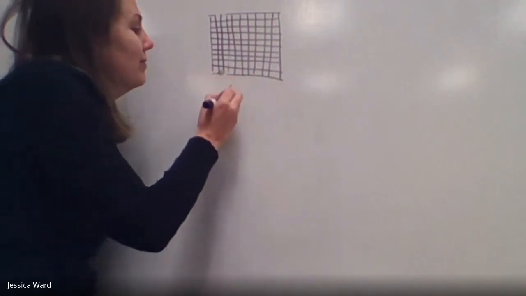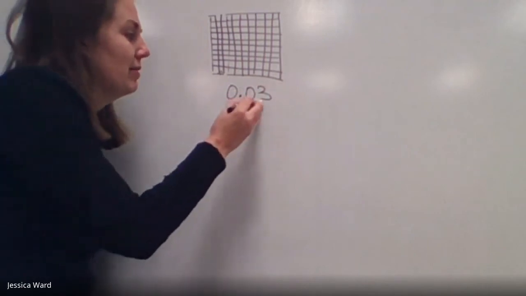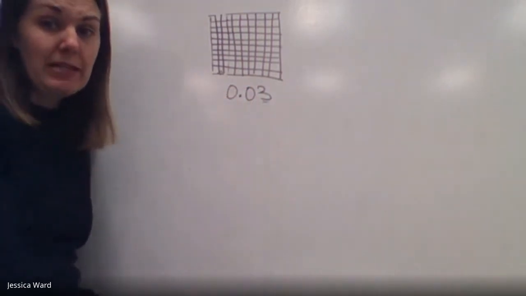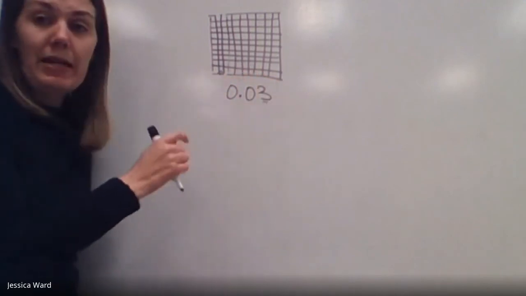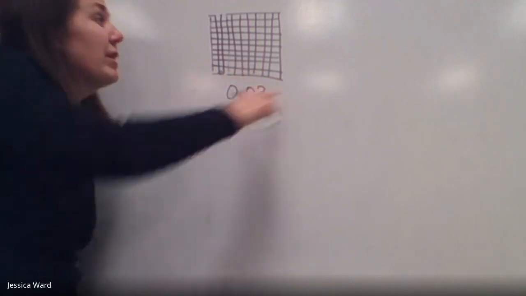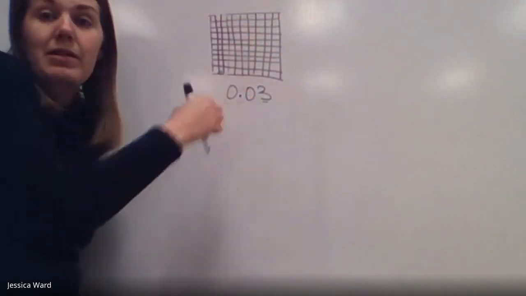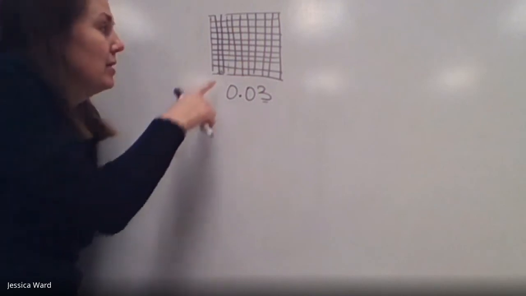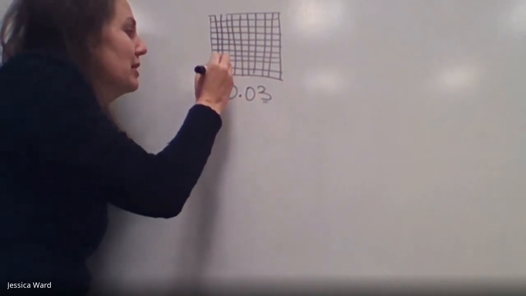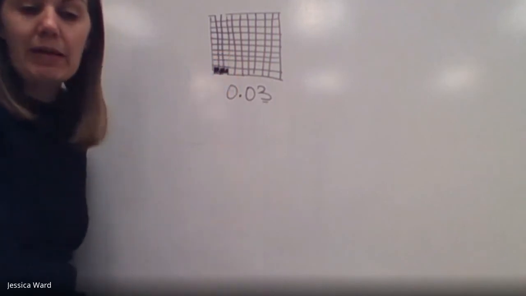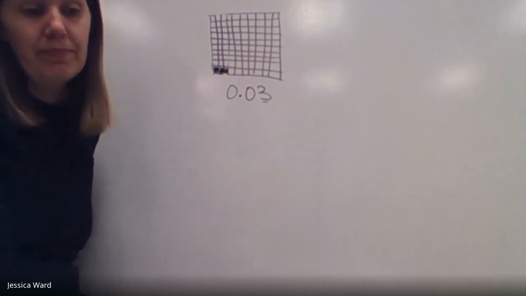So now if I have 0.03, I have my 3 in my hundredths place, so I have 3/100. Each of these little pieces counts as 1/100 because it takes 100 of them to make 1, just like it needs 10 to make 1. So now I have 3/100. I'm going to go ahead and shade in 3 of my little hundredth squares. You can shade in any 3 that you want.